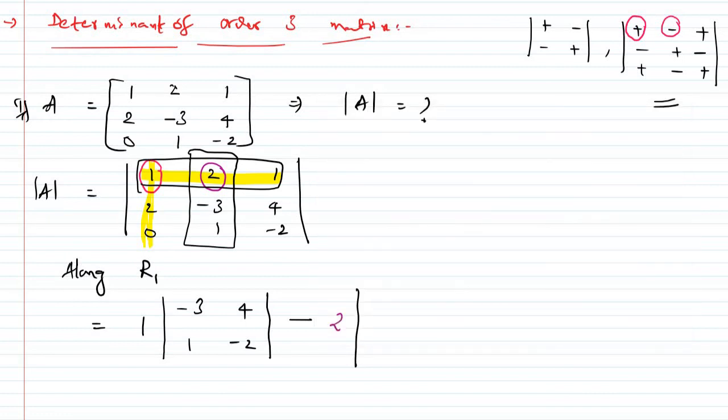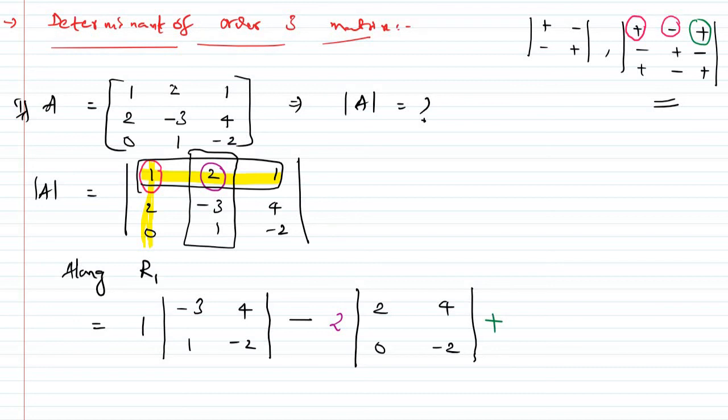The remaining 2 by 2 determinant is 2, 4, 0, minus 2. What is the next sign we have to take? Plus.